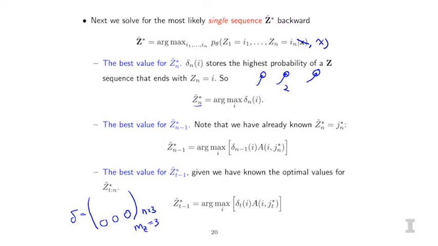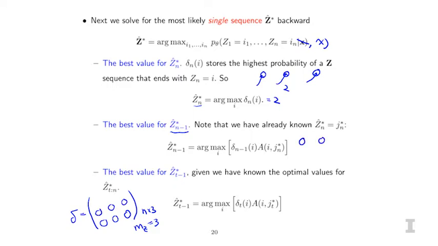Once we solve this, z*_n equal to 2, let's go back to look at what is the value for z*_{n-1}. We're going to look at the second-to-last row of the delta matrix.